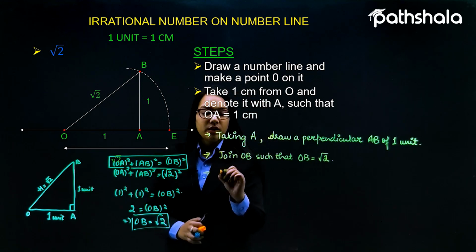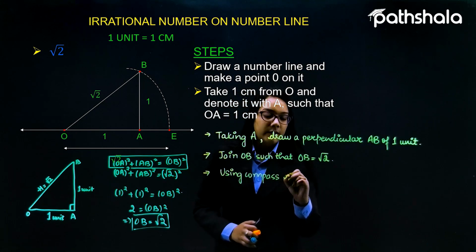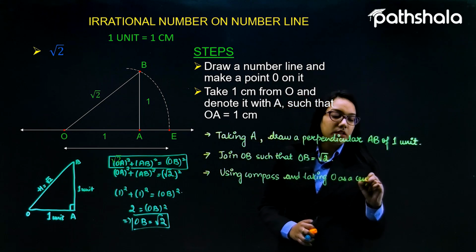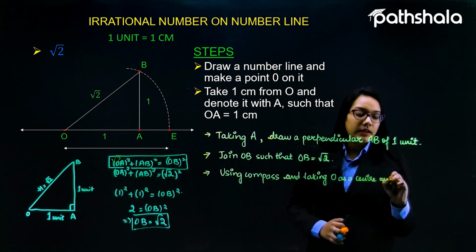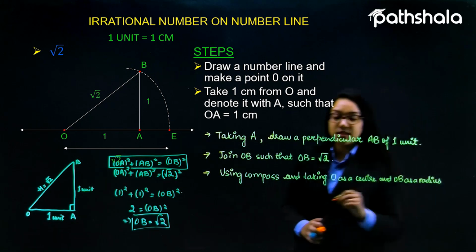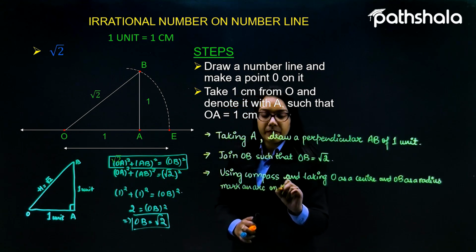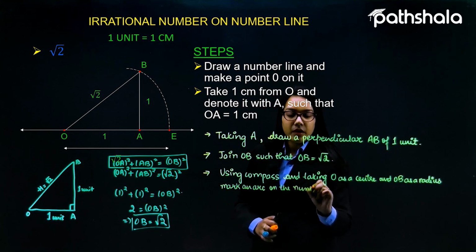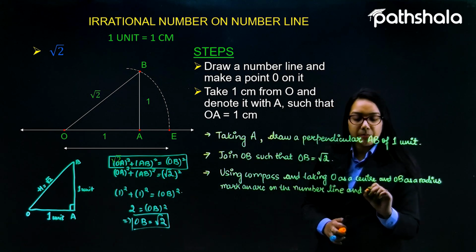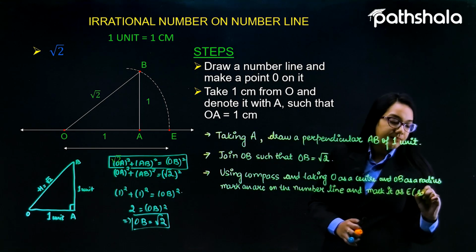The next step would be using a compass and taking O as a center and OB as a radius, mark an arc on the number line and mark it as E, say.